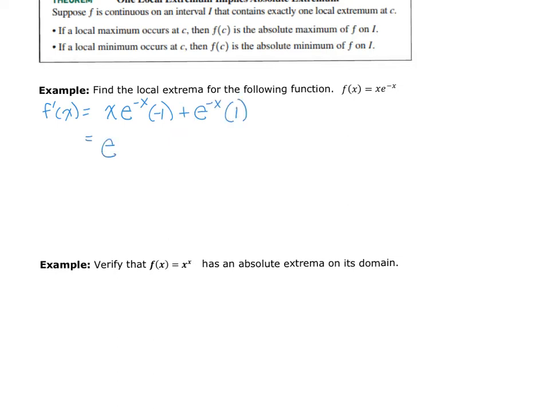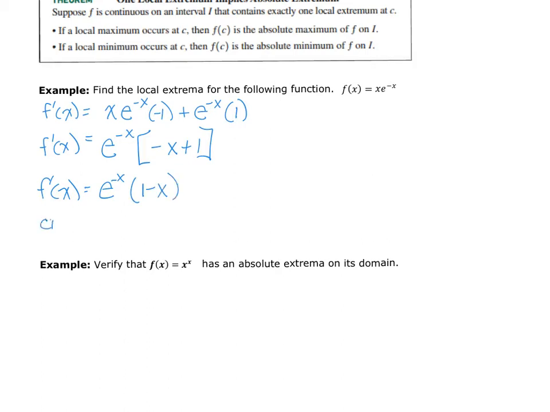I'm going to factor out an e to the minus x, so this is still my derivative, and it's going to leave me with minus x plus 1, or alternately, I'm going to rewrite it because I don't like it that way, 1 minus x.